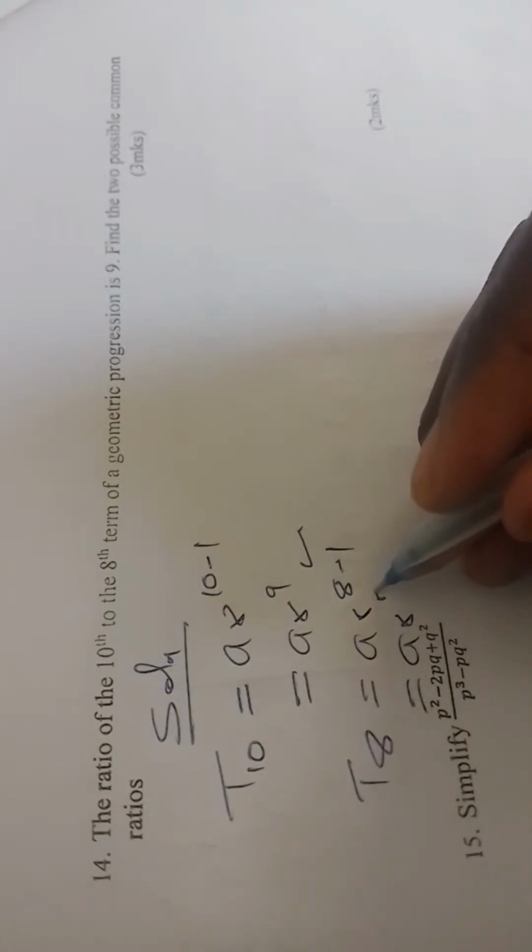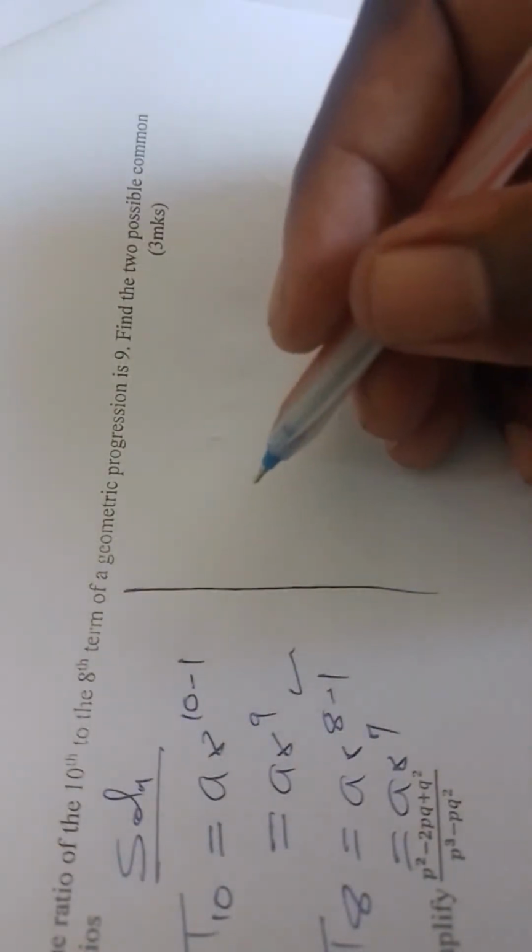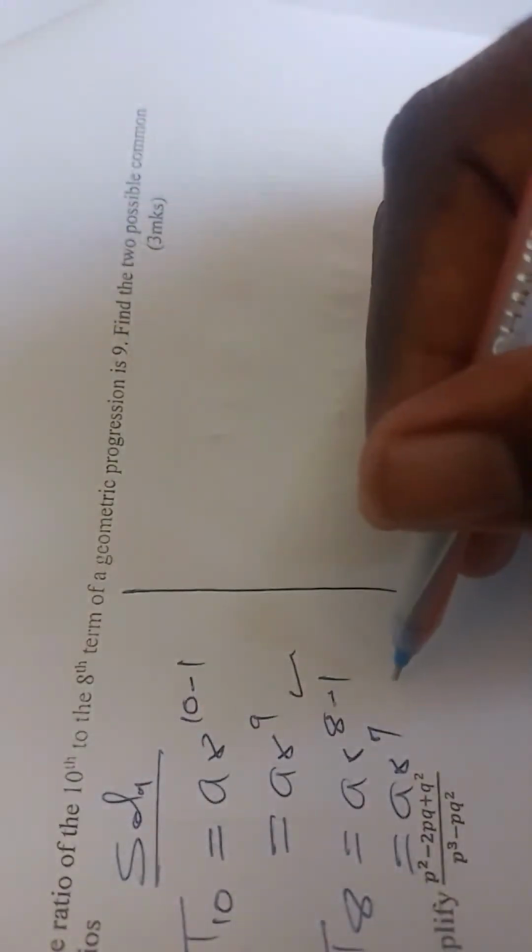Solution to this: the 10th term is the same as ar^(10-1), which is ar^9. Then the 8th term is ar^(8-1), which is ar^7. Then we can find the ratio.